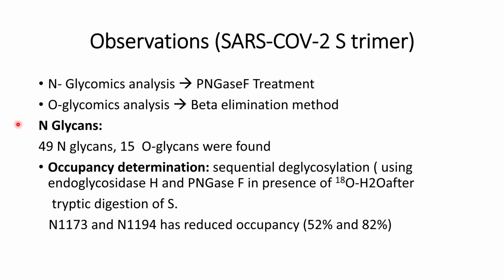Briefly, what they identified is that in the spike protein trimer, 49 N-glycans and 15 O-glycans were found.